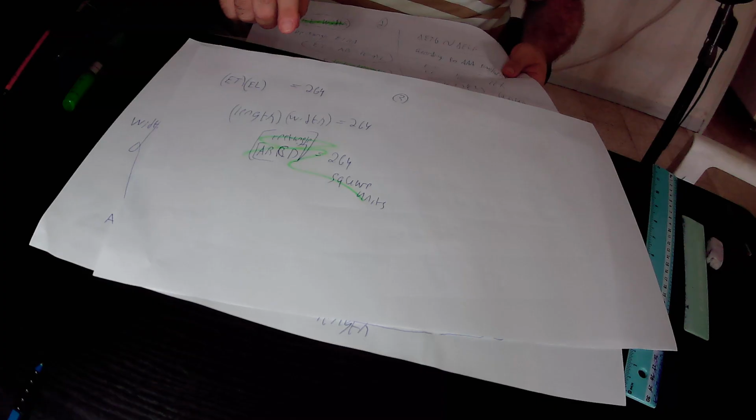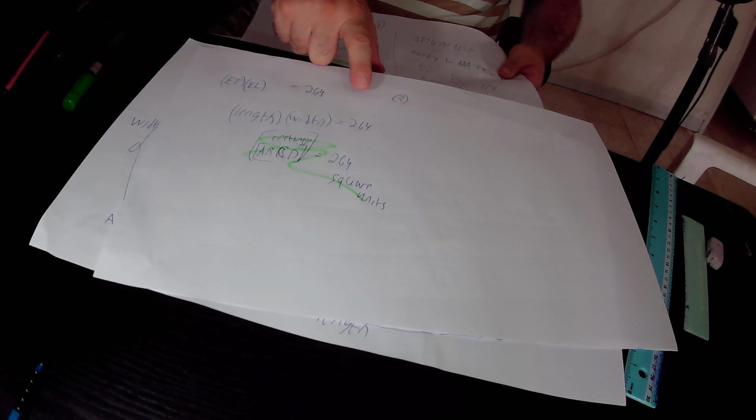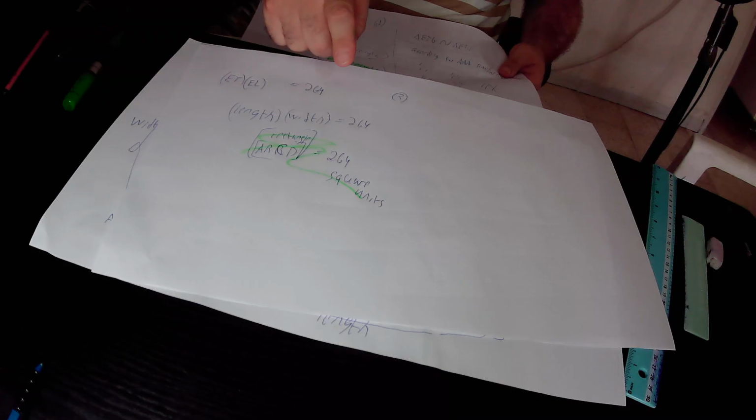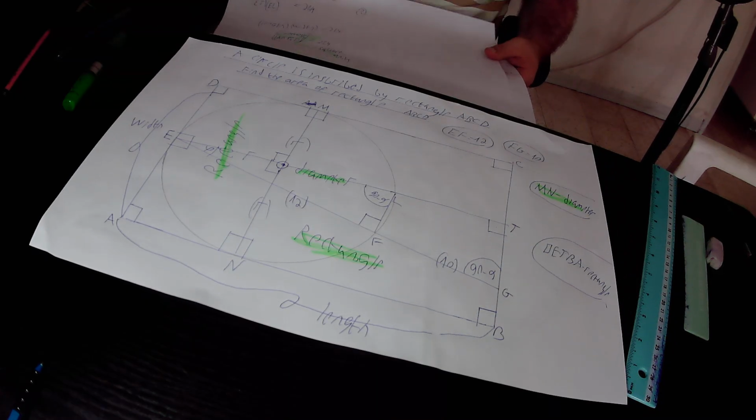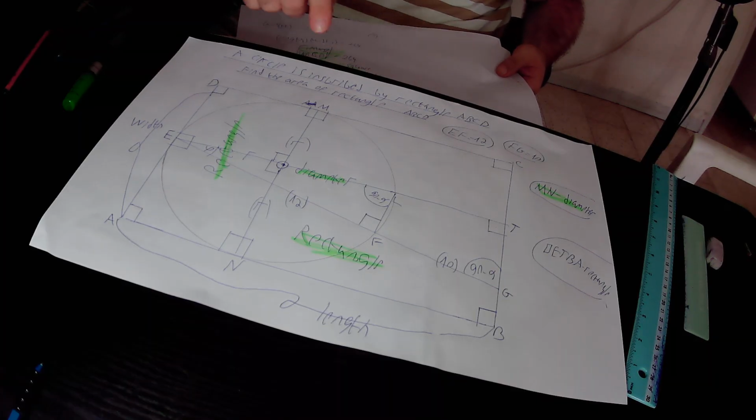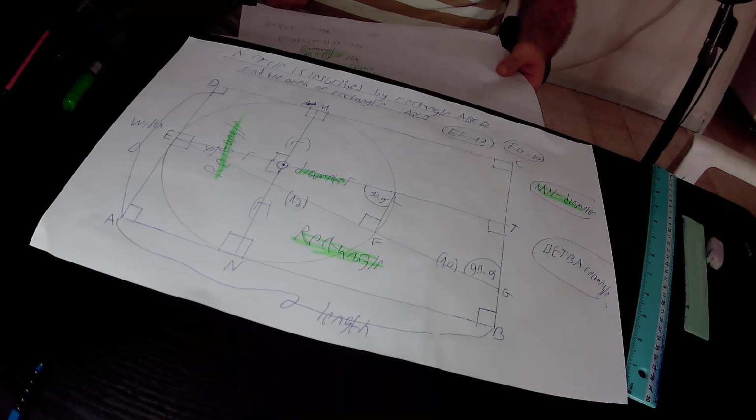So in total we found out that the length of rectangle ABCD times the width is equal to 264. The length times the width is the area of rectangle ABCD, and it is equal to 264 square units. So we found out that the area of this rectangle ABCD, that is the area that we are looking for in this question, is equal to 264 square units.